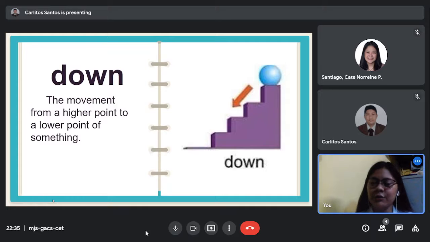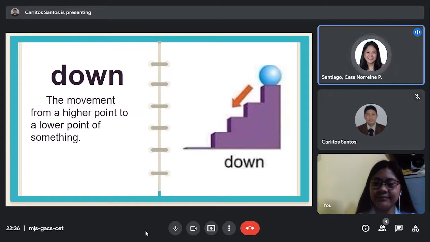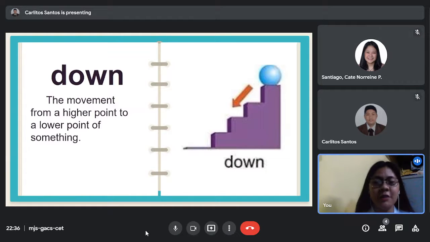Will Miss Kate please read what is the meaning of down? Down. The movement from a higher point to a lower point of something. Thank you. The meaning of down is the movement from a higher point to a lower point of something. Then let's also have different sample sentences.